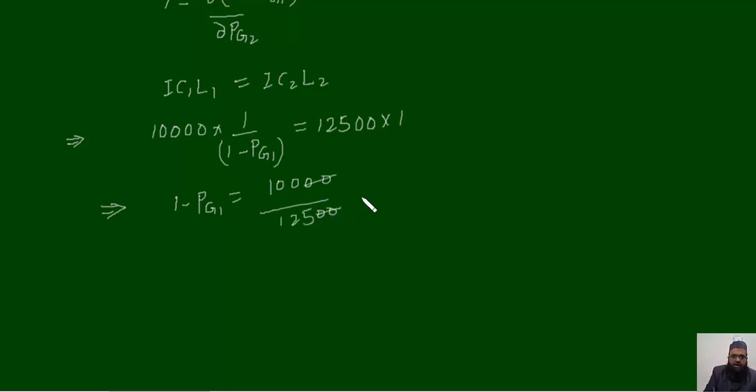These two zeros got cancelled. So finally we may write 4 upon 5. So PG1 will be equal to 1 minus 4 upon 5, that is 1 upon 5 per unit.